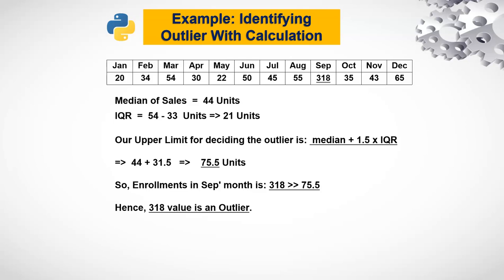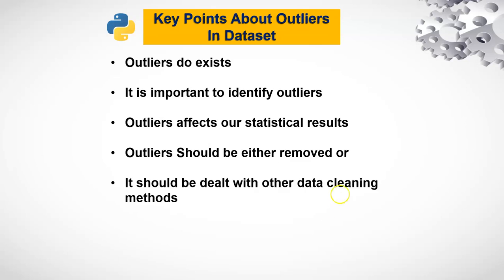This is our limit, beyond which if any value falls, that is an outlier. And in the case of the September month, we see that 318 is much more than 75.5, hence the 318 value is an outlier.